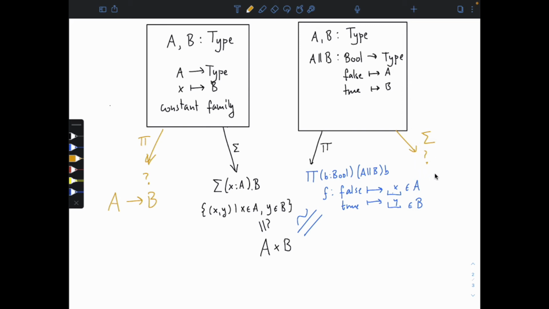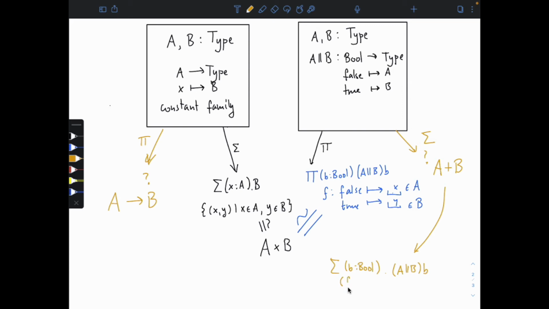The sum, the thing that we usually call A plus B. Why is that? Because let's think about what an element is like. This one is more interesting to look at. So I have sigma b in Bool of A, B, b. So an element is going to be a Boolean.